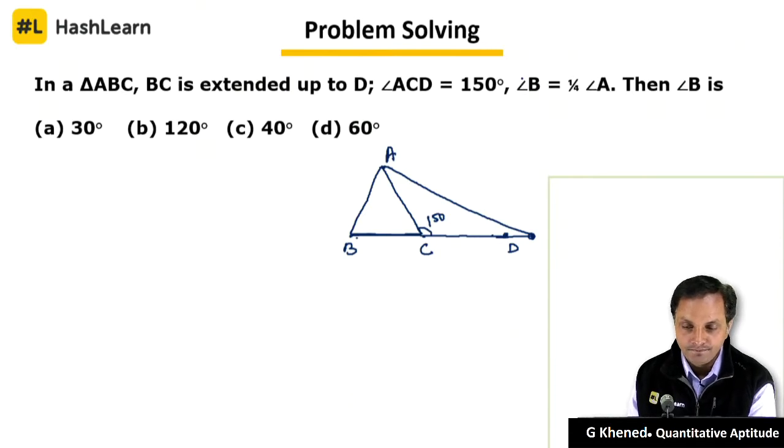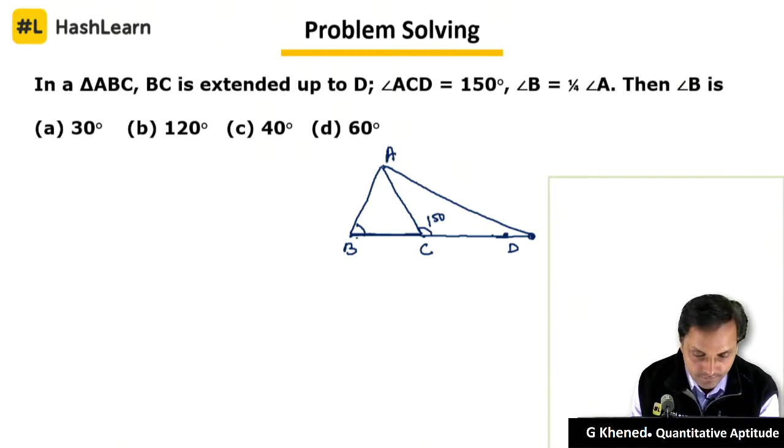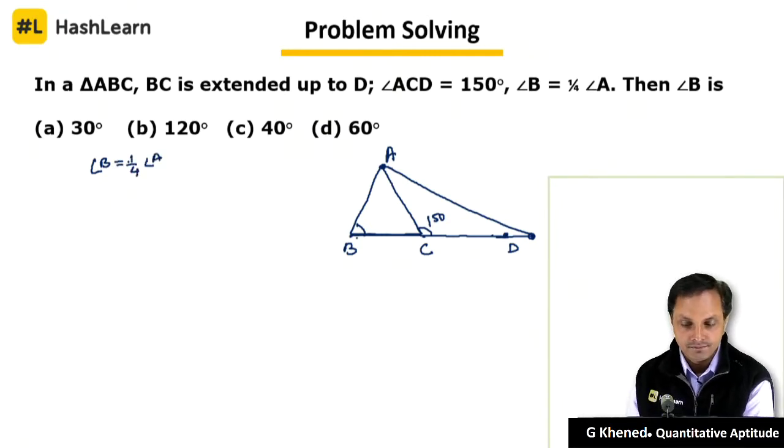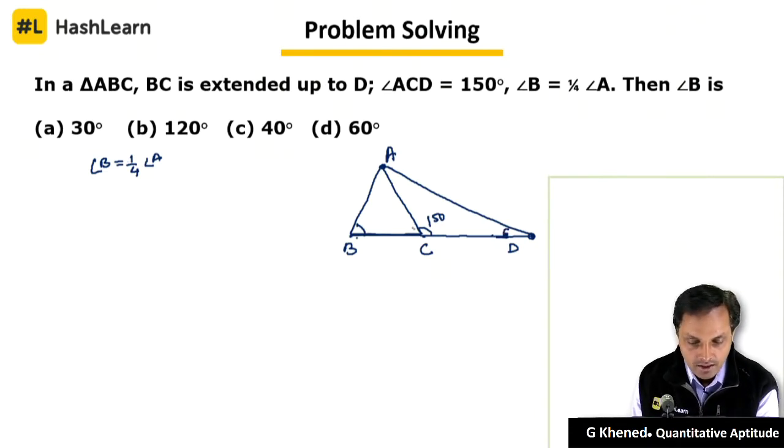Angle B is 1/4 of angle A. You know that if this is 150, this will be automatically 30.